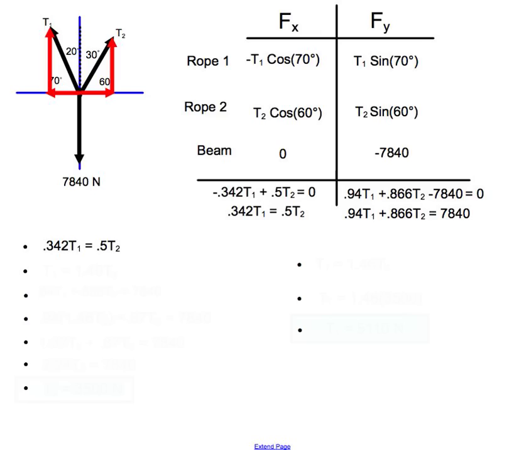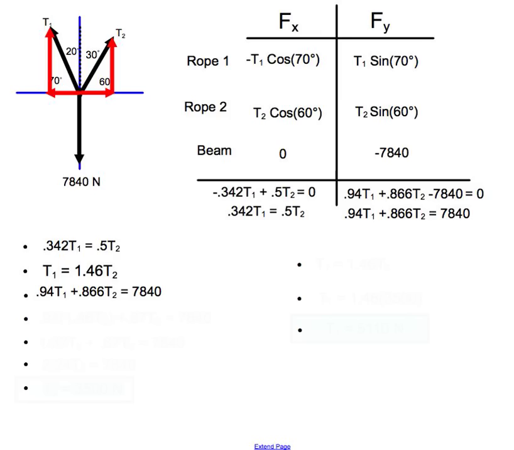So the first thing I'll do is take the x parts of the force, and they're already set equal to each other. 0.342 T1 equals 0.5 T2. I will solve that for T1. So I divide both sides by 0.342, and I have T1 equals 1.46 T2. Now, I'm going to take the equation from the y part.